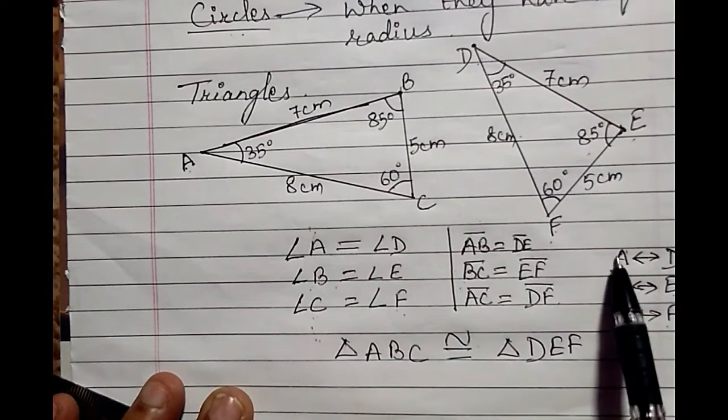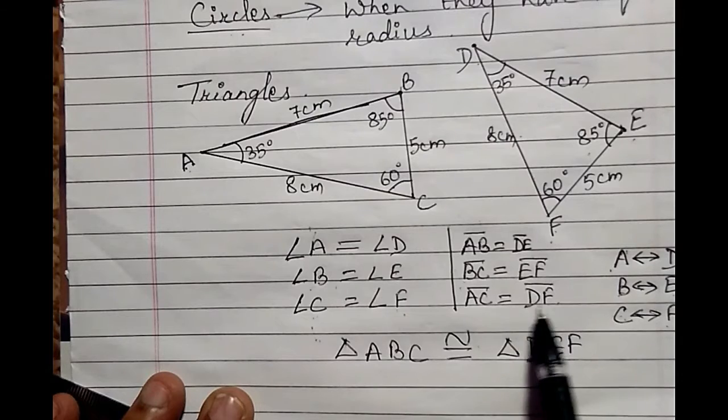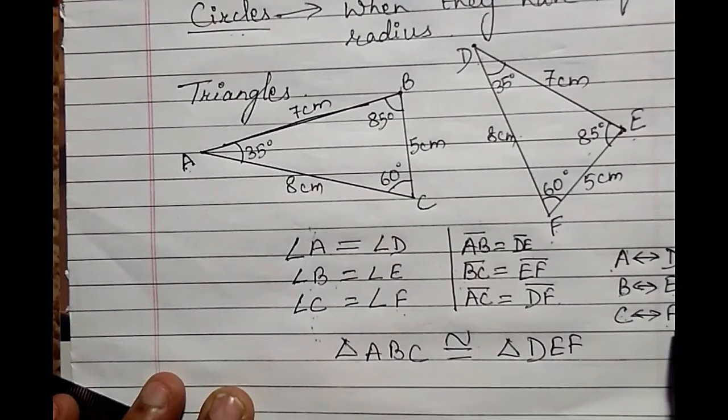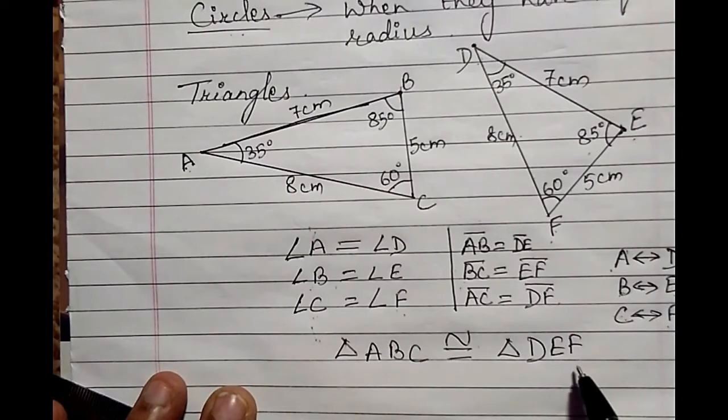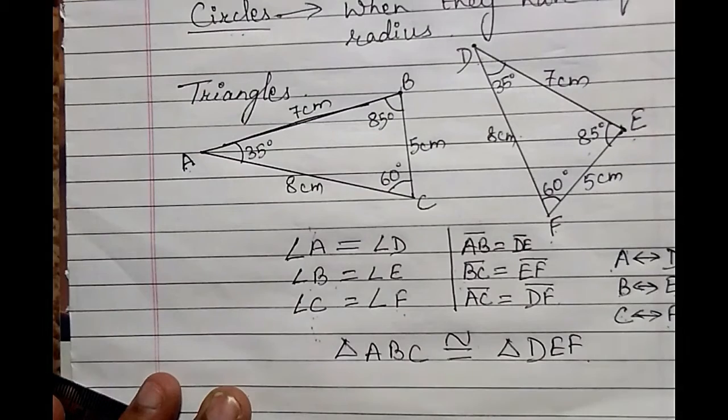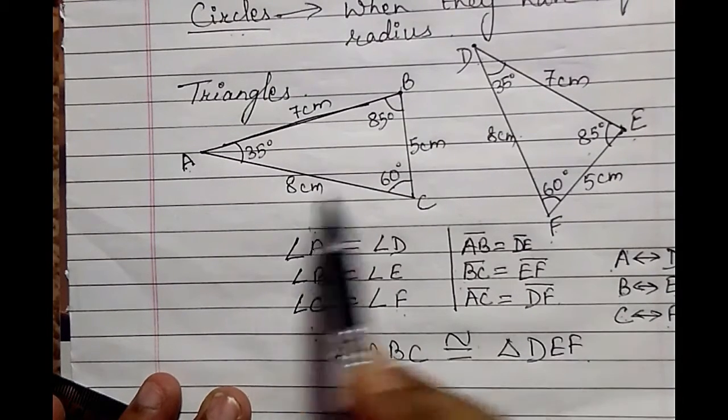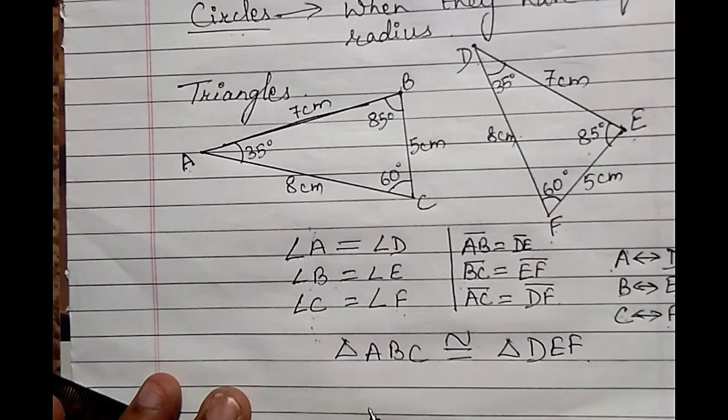AC, the third one, AC is equal to DF. So this sequencing is very important here. So this is only about congruency of triangles. Now, according to this congruency property, if we have any three elements equal and similar, then all the other 3 elements will also be equal in any triangle.